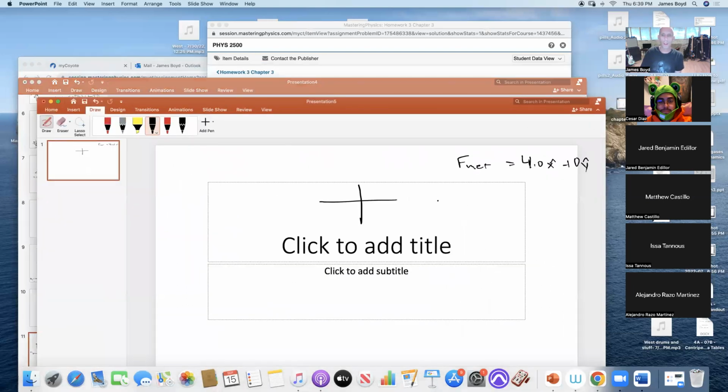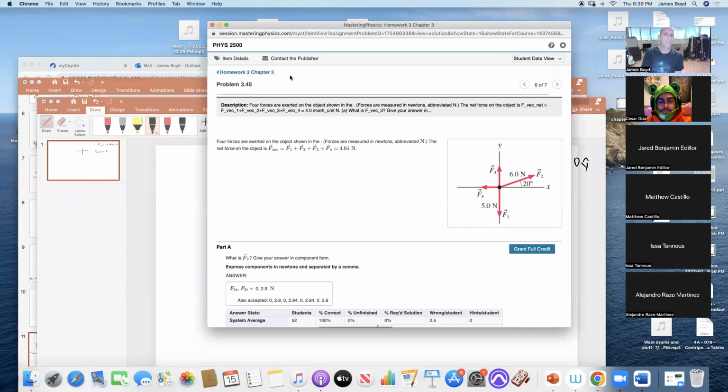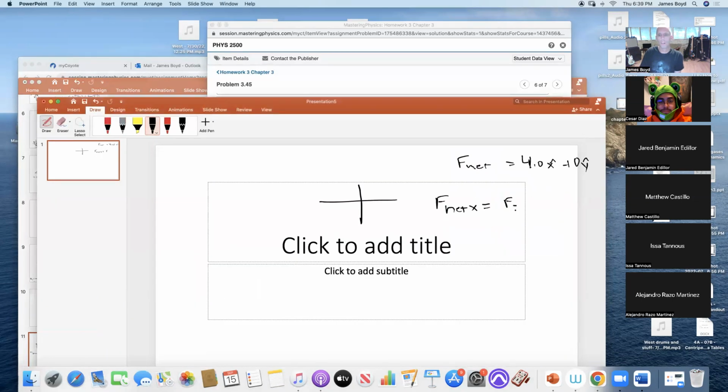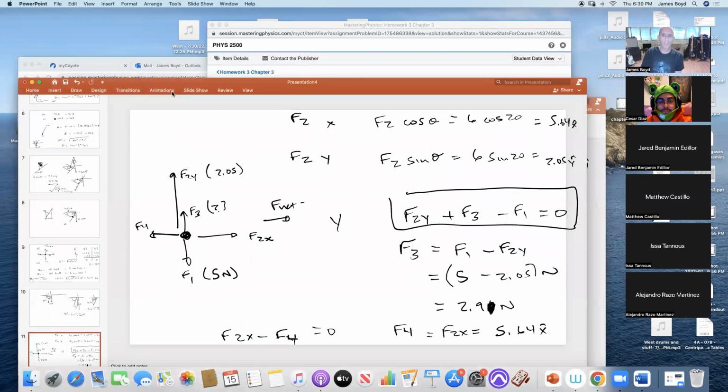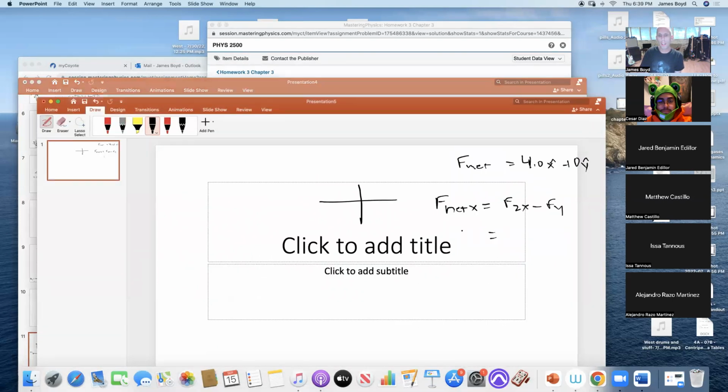However, when I go to this one, the F net in the X is equal to F2x minus F4. So F2x, if I go here, was 5.64. This is 4.